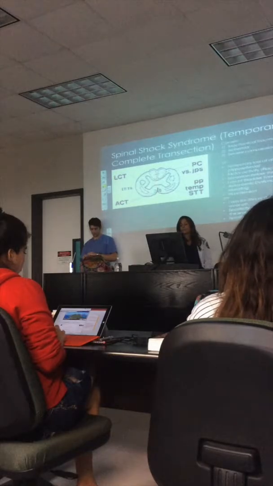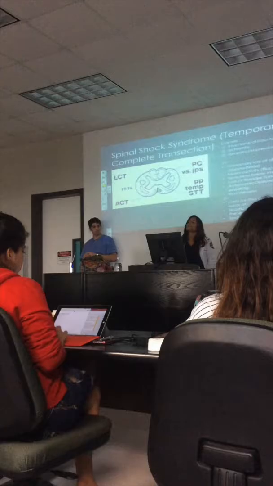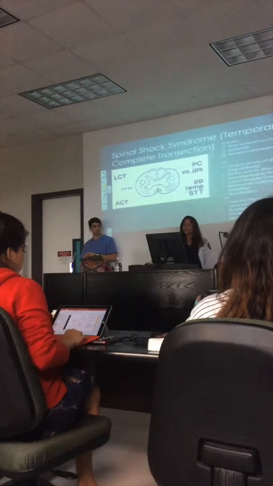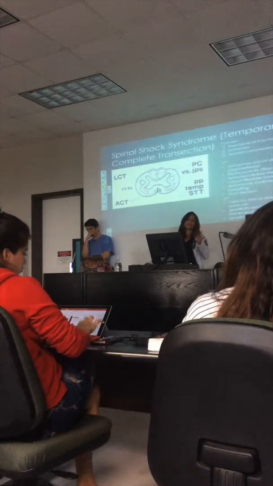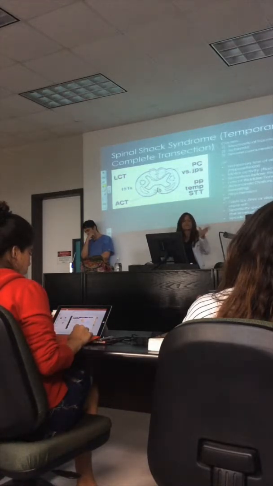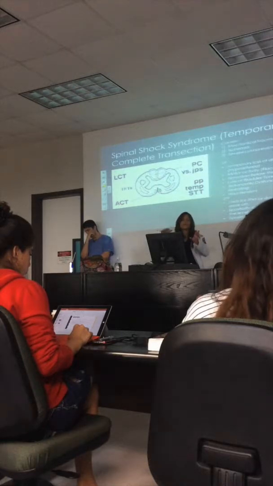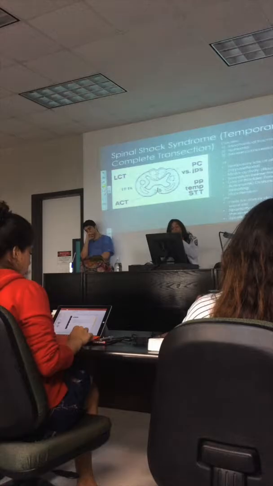Now, spinal shock. This is kind of difficult for me. Spinal shock syndrome, usually by trauma. That's the main thing, right? Just think of it as a transient complete cord transection. Because it's transient, you're going to have temporary loss of all the spinal reflexes.